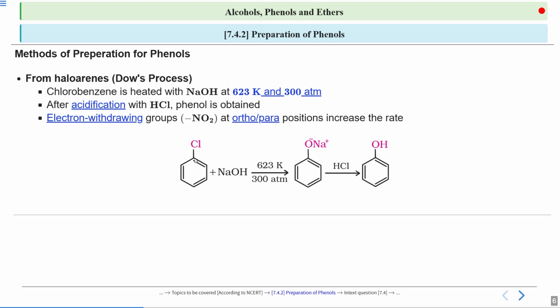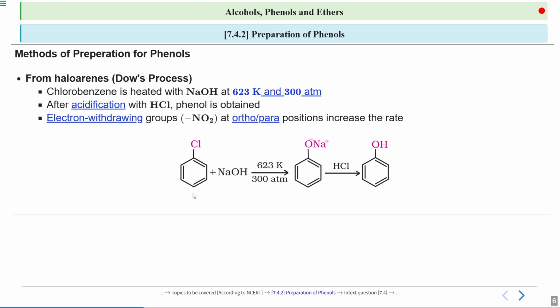So this will attack at this position and you will get sodium phenoxide. When an O minus group is attached to the ring, we call it phenoxide, and when sodium is attached, we call it sodium phenoxide.